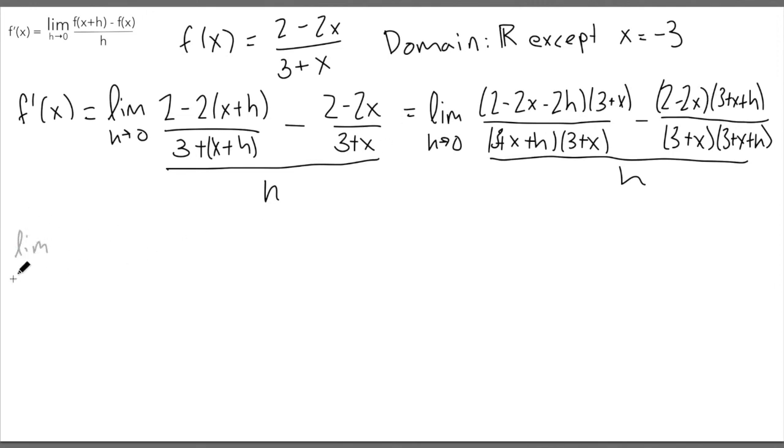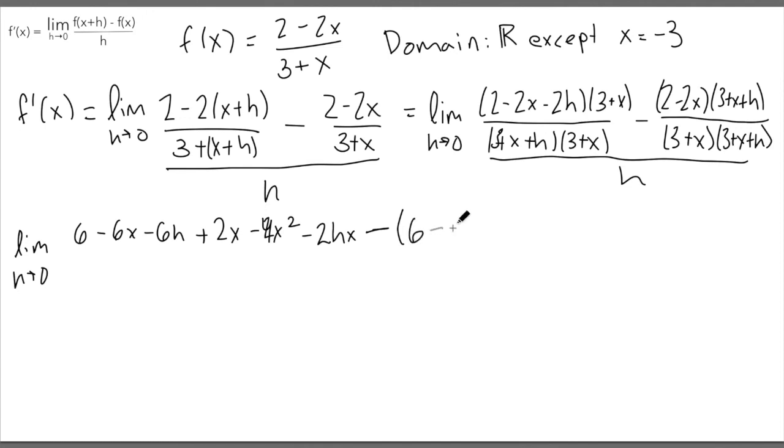And this results in the limit as h approaches 0 of, and I'll multiply this out now, I have 6 minus 6x minus 6h plus 2x minus 4x minus 2x squared, minus 2hx, minus, and then I'll put this in parentheses, 6 minus 6x plus 2x minus 2x squared, and then minus 2xh plus 2h.